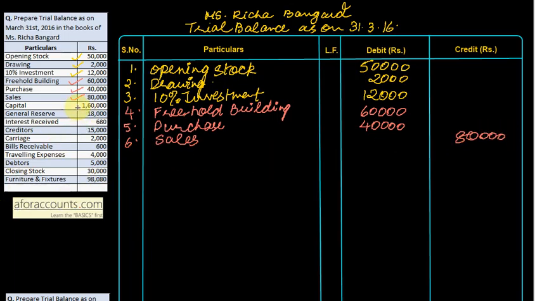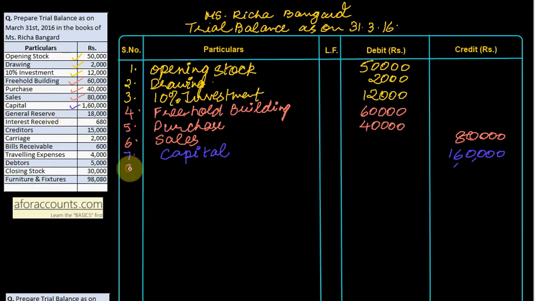Now next, capital always credit. So capital 1,60,000. How much? 1,60,000 to your credit. General reserve. We create reserves. Any reserve, general reserve, specific reserve, workmen compensation reserve, all the reserves will compulsorily have credit balance.